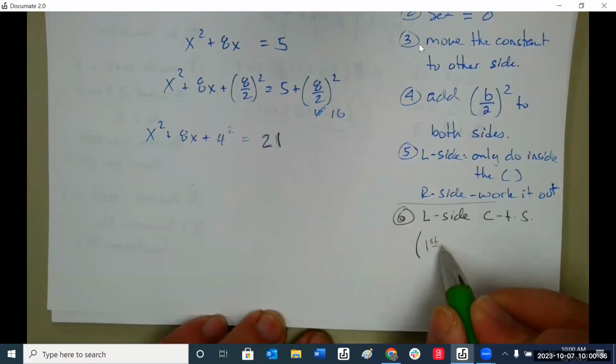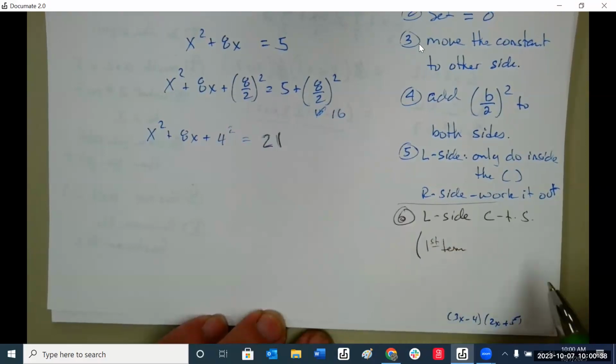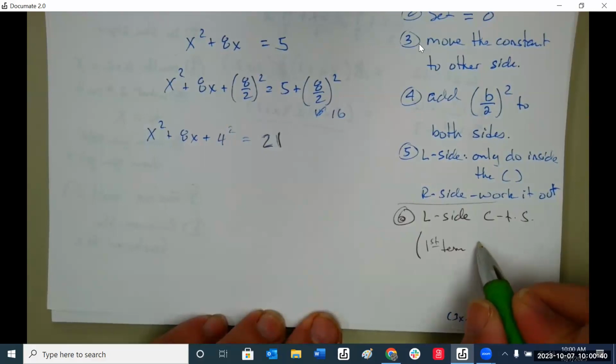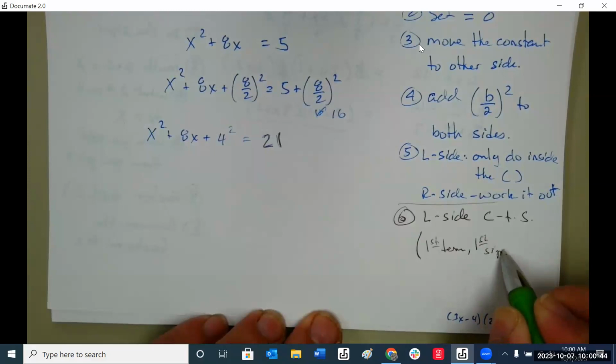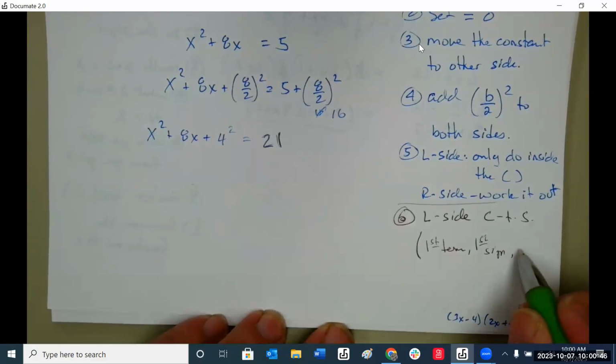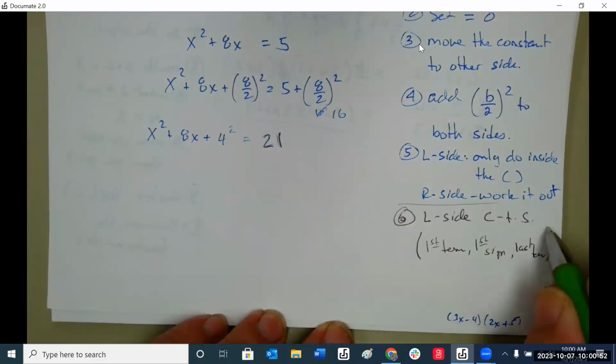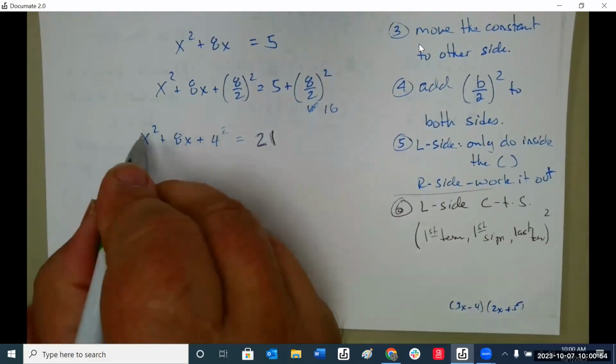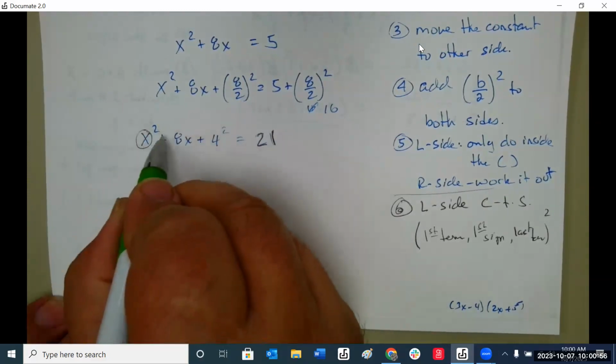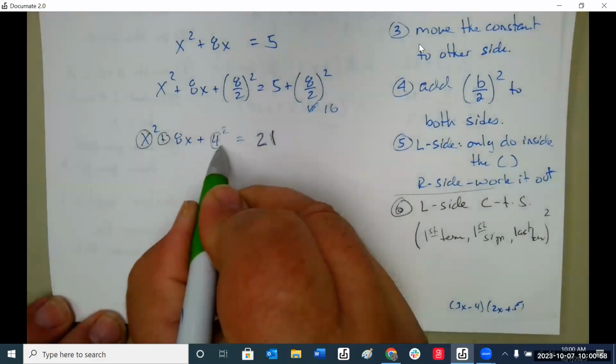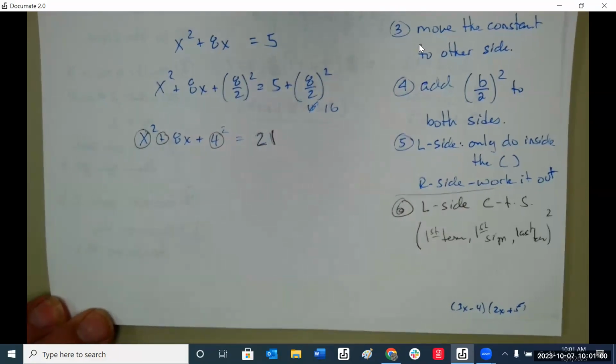The first term, first sign, and last term squared. What I mean here is whatever's under the square goes inside the parentheses.